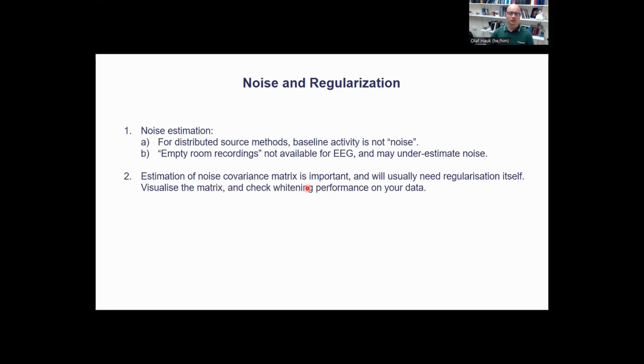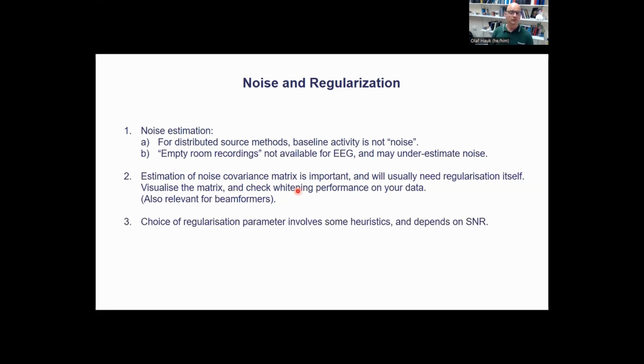And ultimately, you can check whether it does what it's supposed to do, namely whitening your data. It's also relevant for beamformers. I mean, beamformers usually need a noise covariance matrix and a data covariance matrix. In both cases, you have to make sure that you are getting those right. It's the details. I'm not going to talk about them right now.